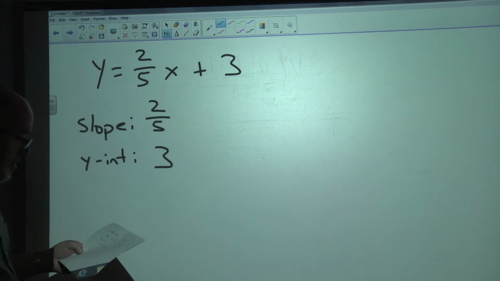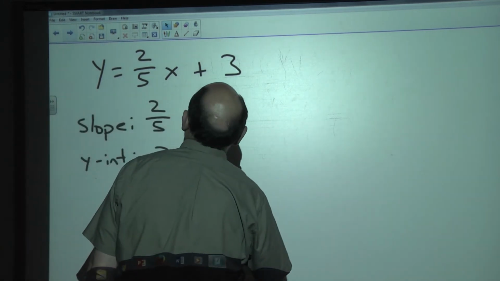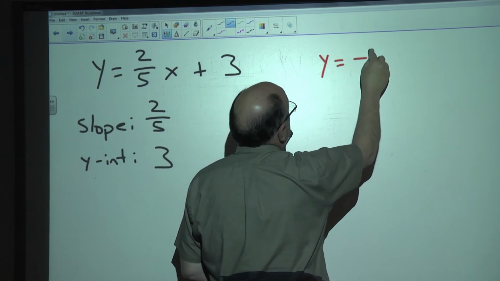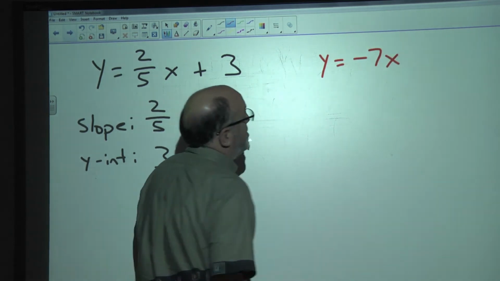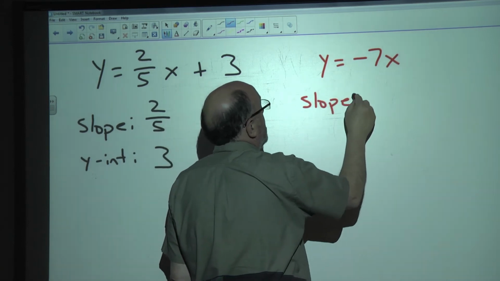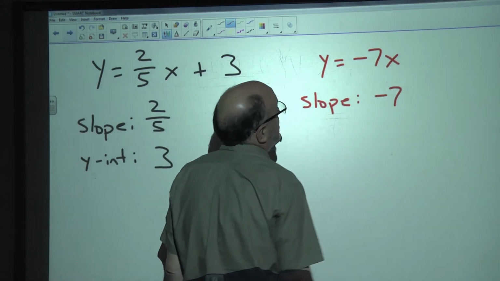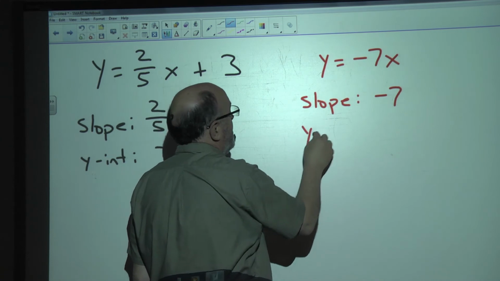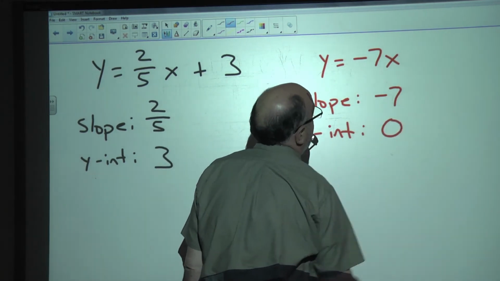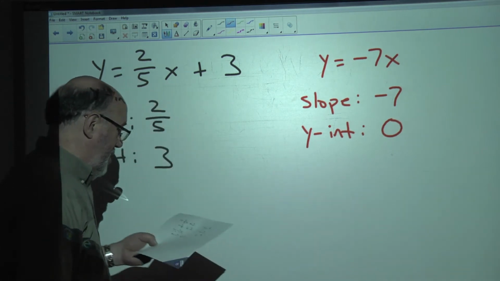Right? Another example, if I had y equals -7x, right? Well, the slope is going to be -7. The y-intercept, well, there's no number out there, so the y-intercept is 0.